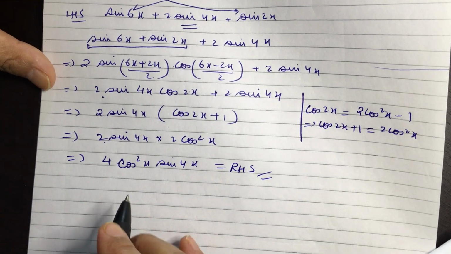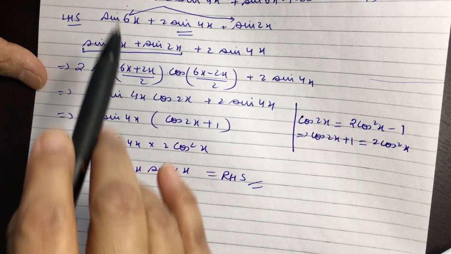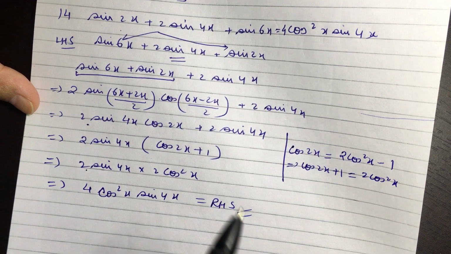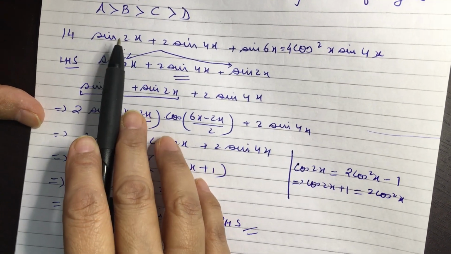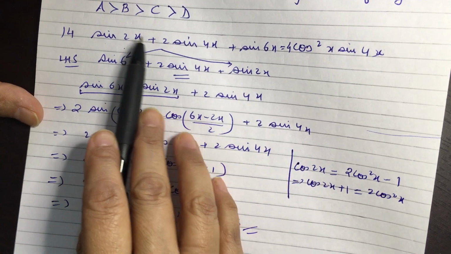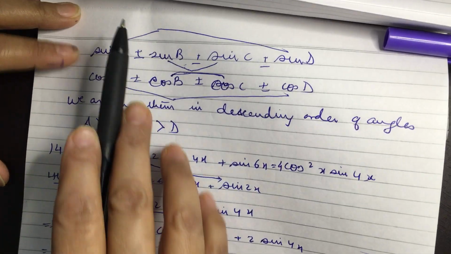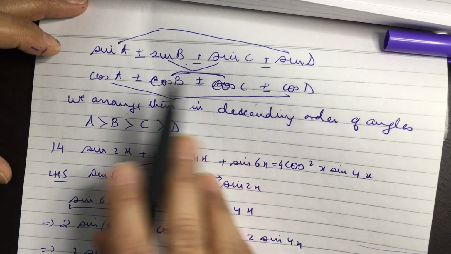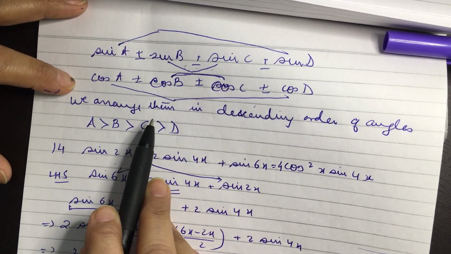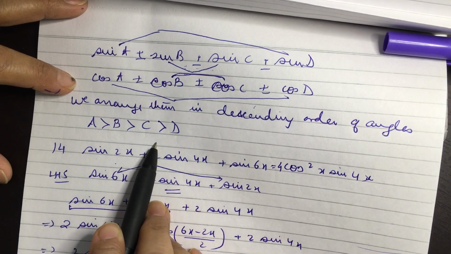Is it all right? Is it clear to all of you? I'll just quickly repeat. Whenever we are doing sum or difference of more than one sine or cosine function, the first thing is to arrange them in descending order of angles.